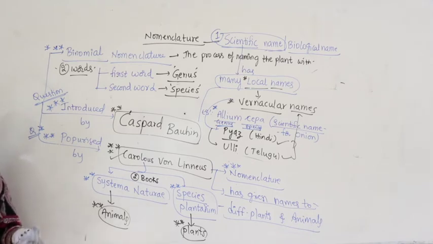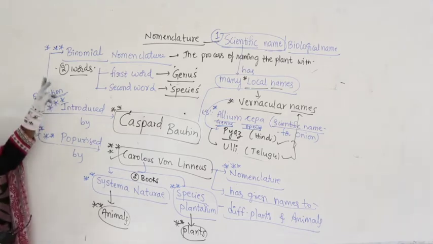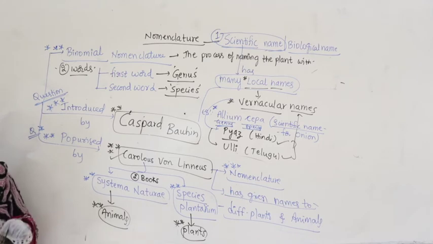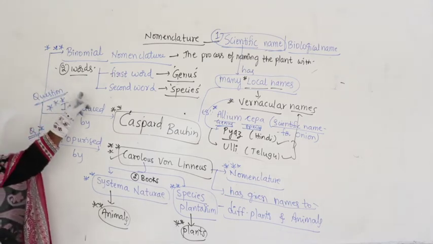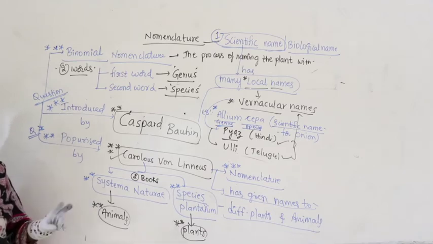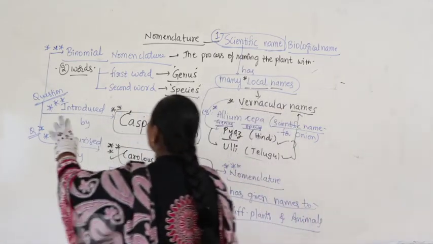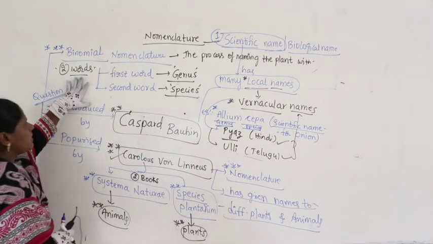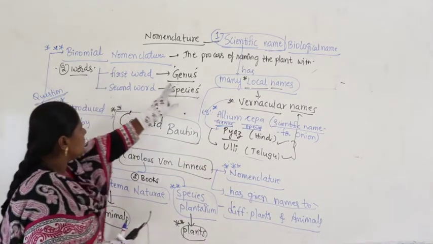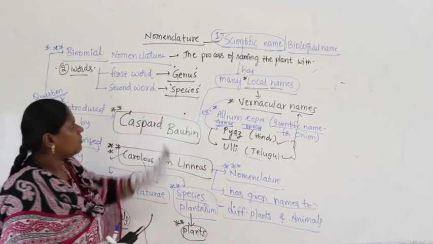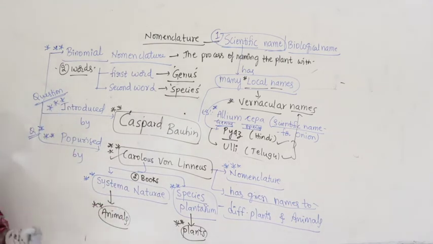Genus, species, subspecies. Then people universally accepted, and till today what we follow is nothing but binomial nomenclature. What is bi? 2 names, that is the process of naming the plant with 2 words. What are the 2 words? The first word is genus and the second word is species, right.